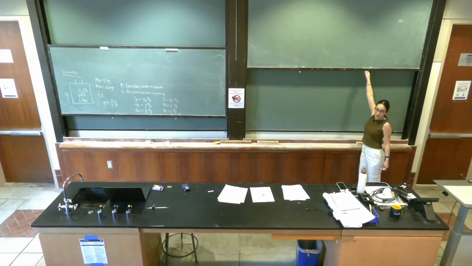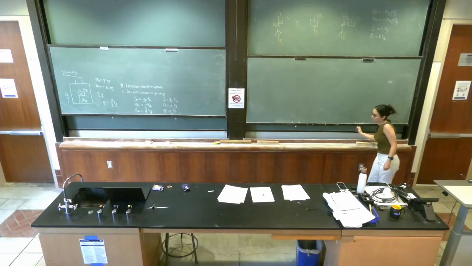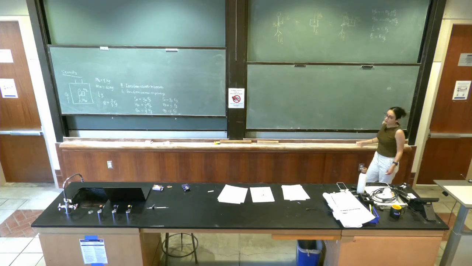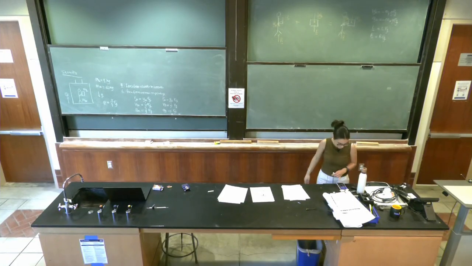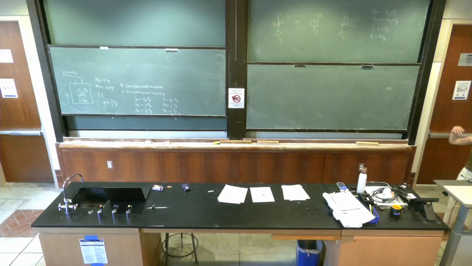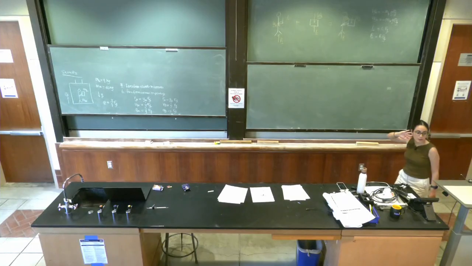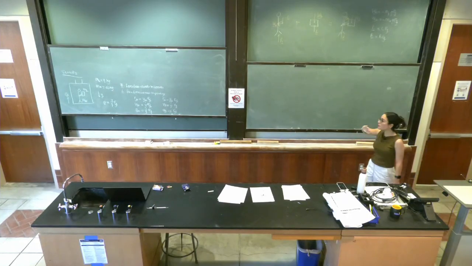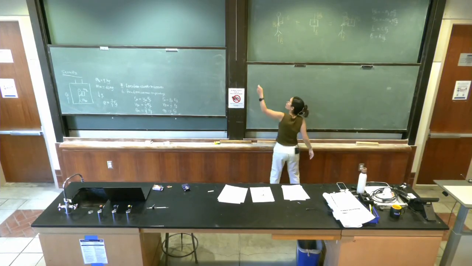Any questions so far? Okay, so if I want to find L, what do I do? Yes, I isolate the box and use balance of linear momentum for the box.